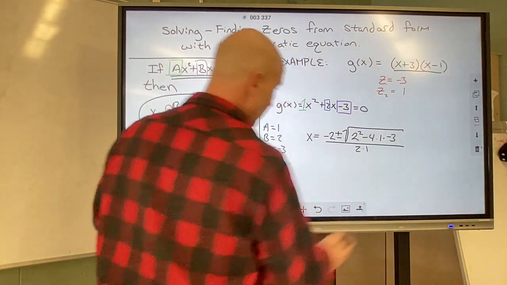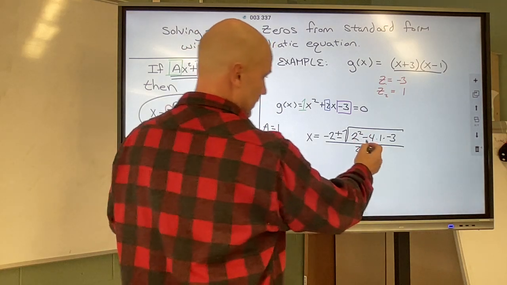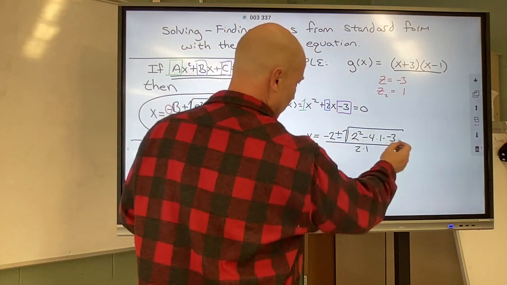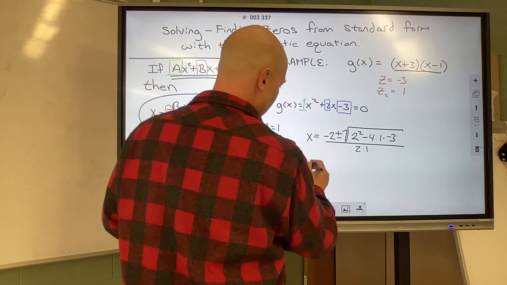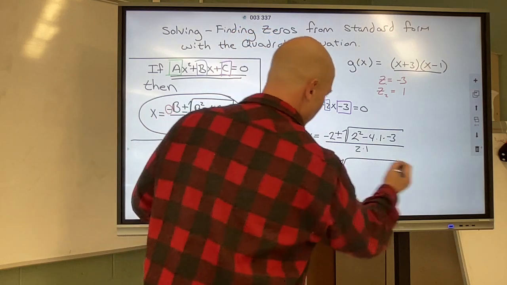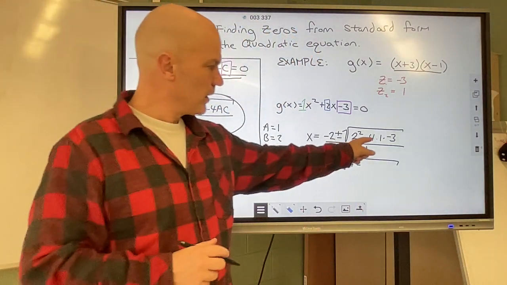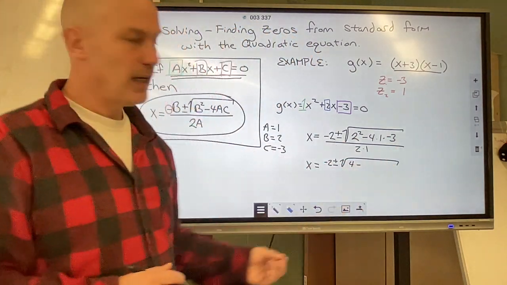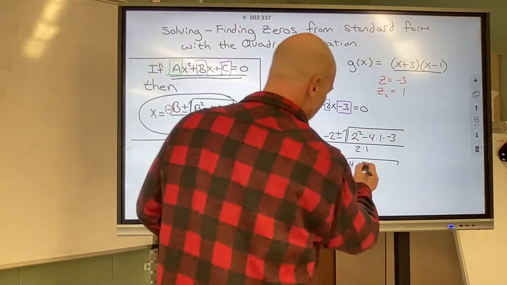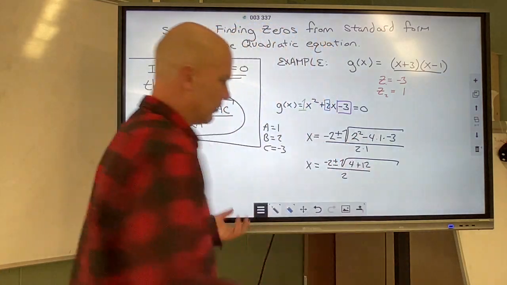Okay. Now I need to simplify. I need to square this because it's inside the square root, and I need to multiply that out. So I'm going to have x equals -2 plus or minus 2 squared is 4 minus 4 times 1 times -3 is positive 12 plus 12 over 2. I don't need the a anymore.